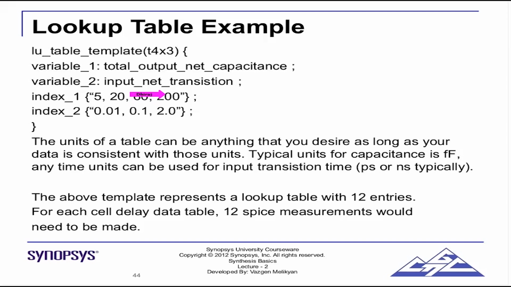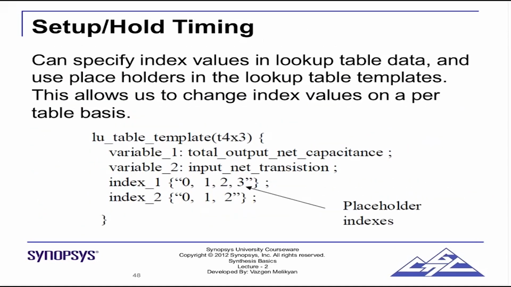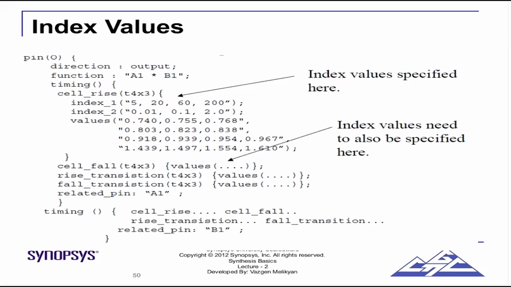Let's say the value for low drive is 200, for high drive it might be 800. We cannot use the same template, right? So we can use this particular method, use placeholders here, and when it comes to the low drive cell, we could apply the values here and use the same template. For a high drive cell, again we could use the same template and use the value of 800.